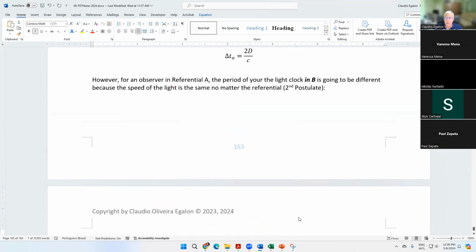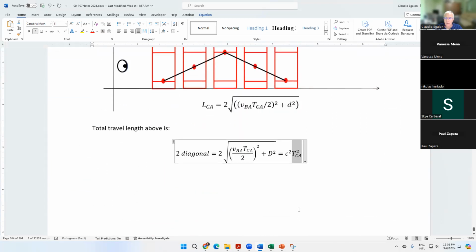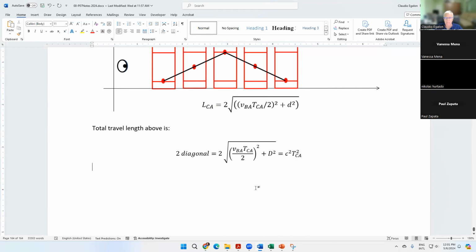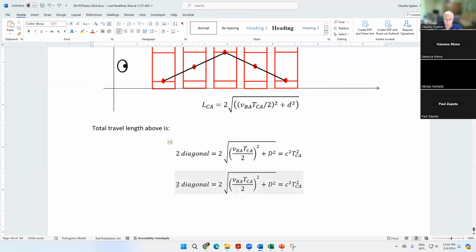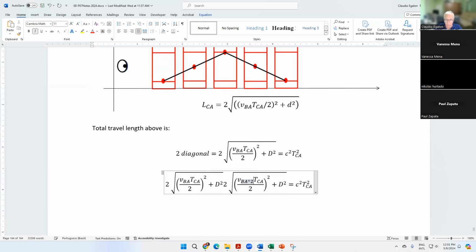When we solve this equation, let's continue going this way. I'm going to pass this 2 to the inside. When we pass it to the inside, we end up with this velocity squared, not this one, VA.